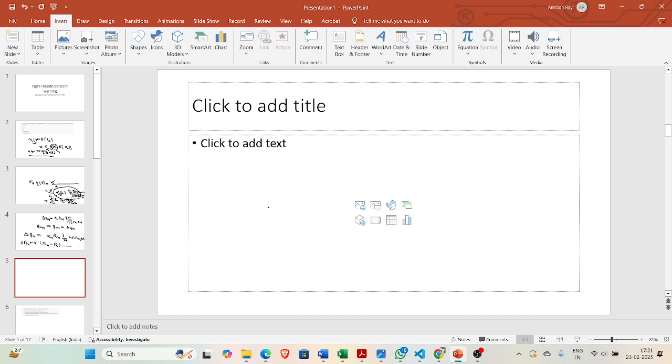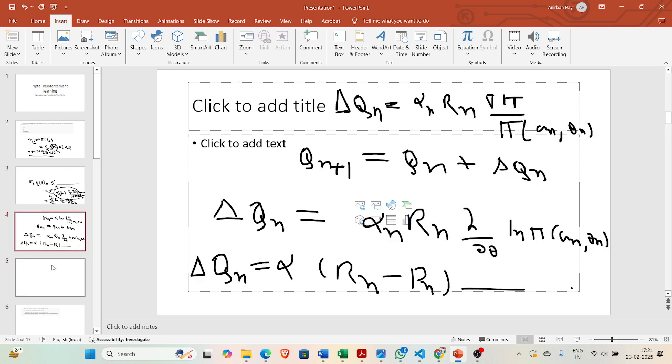The Pn is usually defined as the arithmetic mean of all the rewards up to that step. Okay, so P1 will be R1, then after that it will be R1 plus R2 by 2, then R1 plus R2 plus R3 by 3, like that.